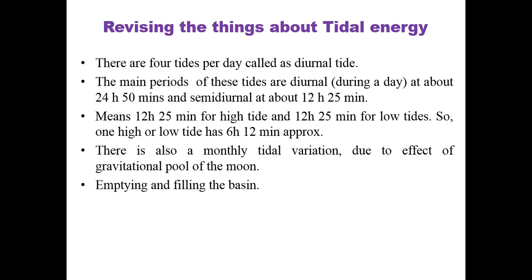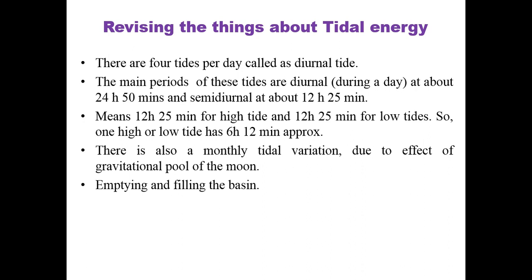In case of semi-diurnal, we are going to divide it by 2. It means that we have 12 hours 25 minutes for high tide and 12 hours 25 minutes for low tide. So approximately, if we consider one high or low tide, it could be 6 hours and 12 minutes approx.